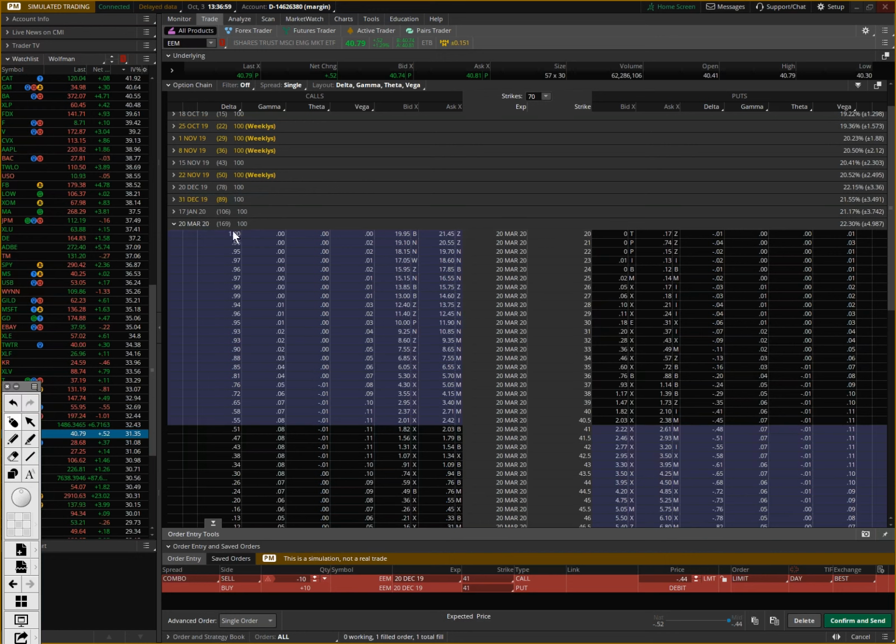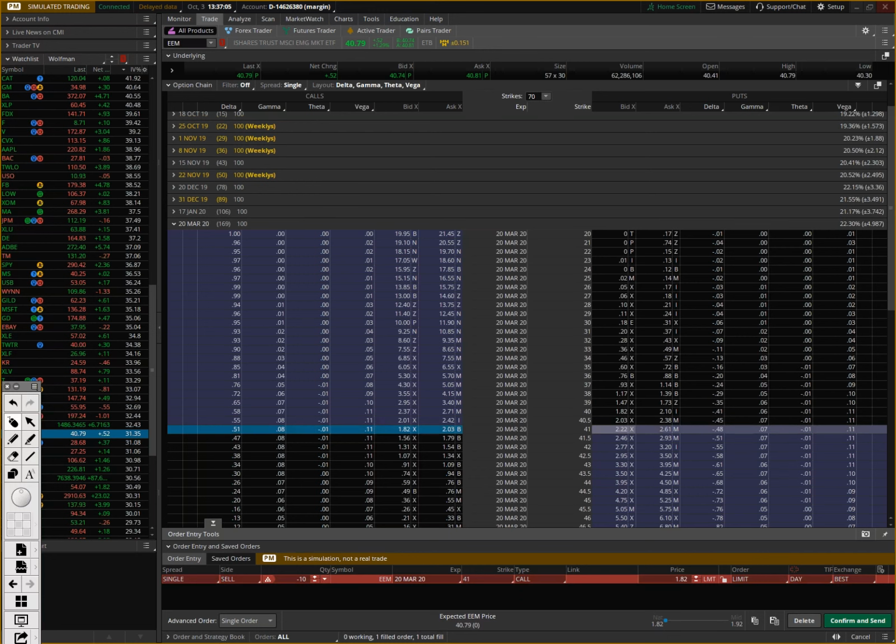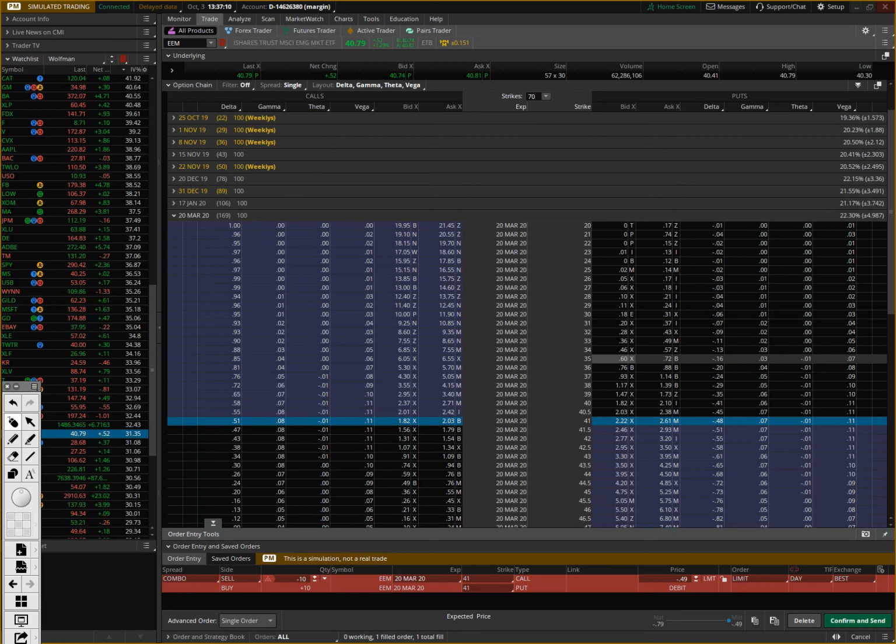But you can see that I can go even further out and try and go to the 41 strike even further out in time. And it's not going to get that much difference. Now, the puts have a tendency to get pumped up a little bit, and that's the ones we're buying. So that's why our debit's getting a little bit worse.